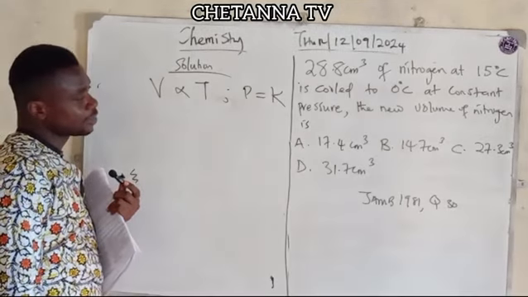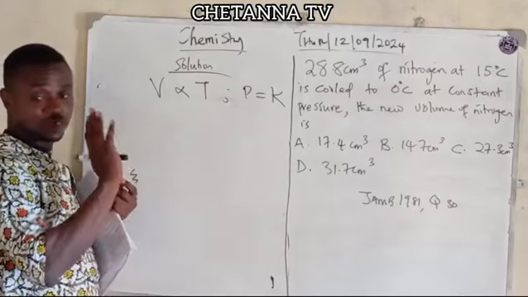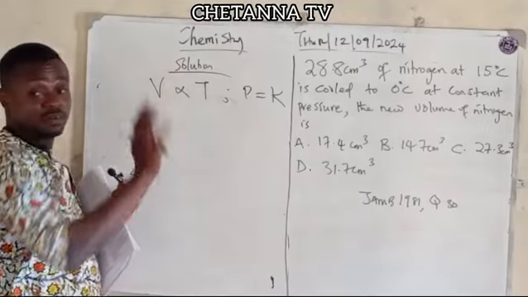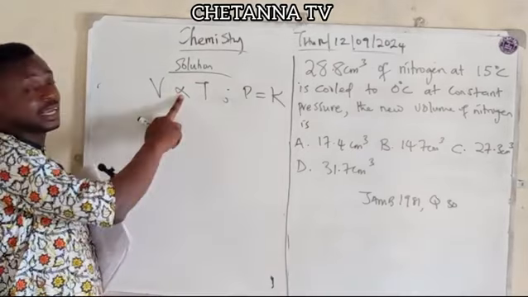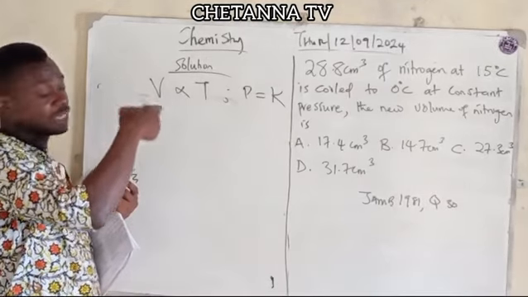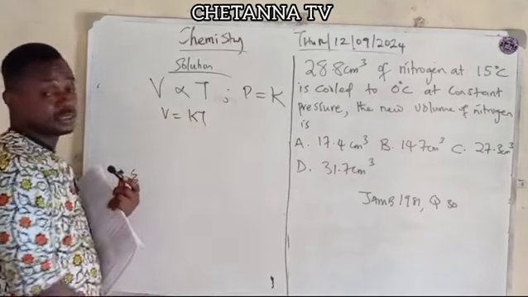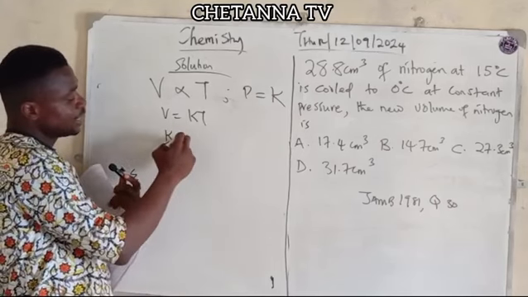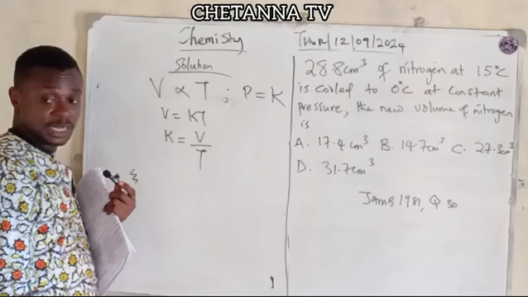What it means is that pressure and any other factor that can affect it is constant, placed under K, but volume and temperature vary. Now if you want to remove this sign and put an equal sign, you introduce a constant. So V is equal to KT, which means that K is equal to V over T. Is it clear?